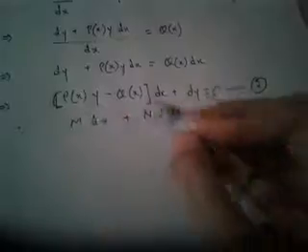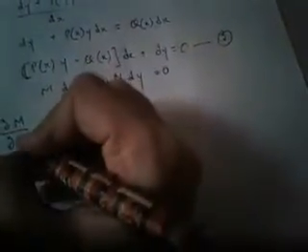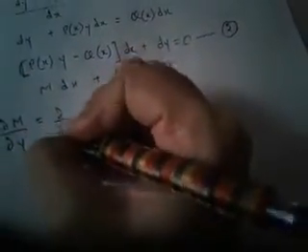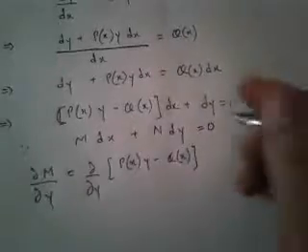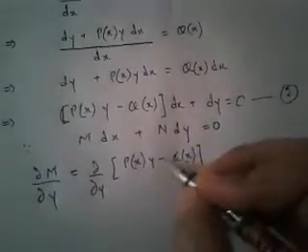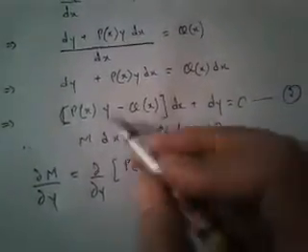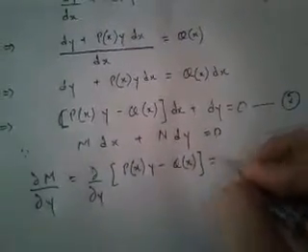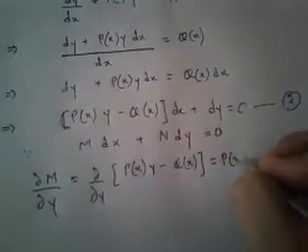Okay, so I will say that this equation number 2 is said to be exact, but let's see if it is really giving me an equal answer. When I take the partial derivative of this M with respect to y, I'm going to get just p of x left here.